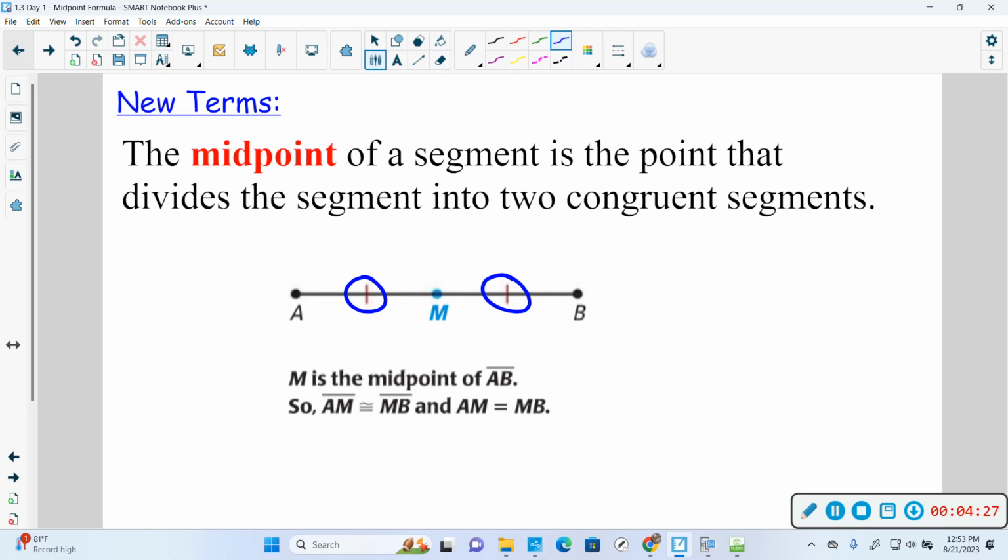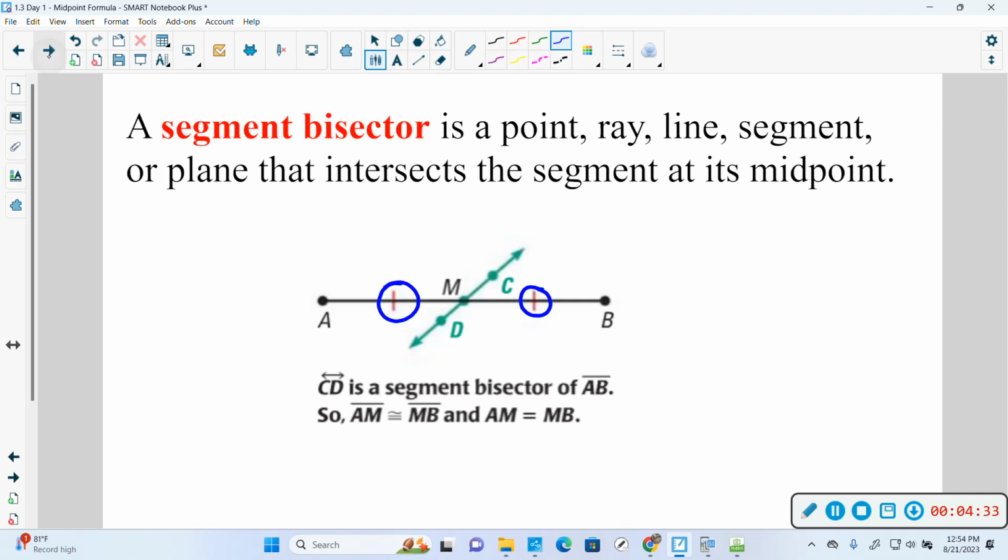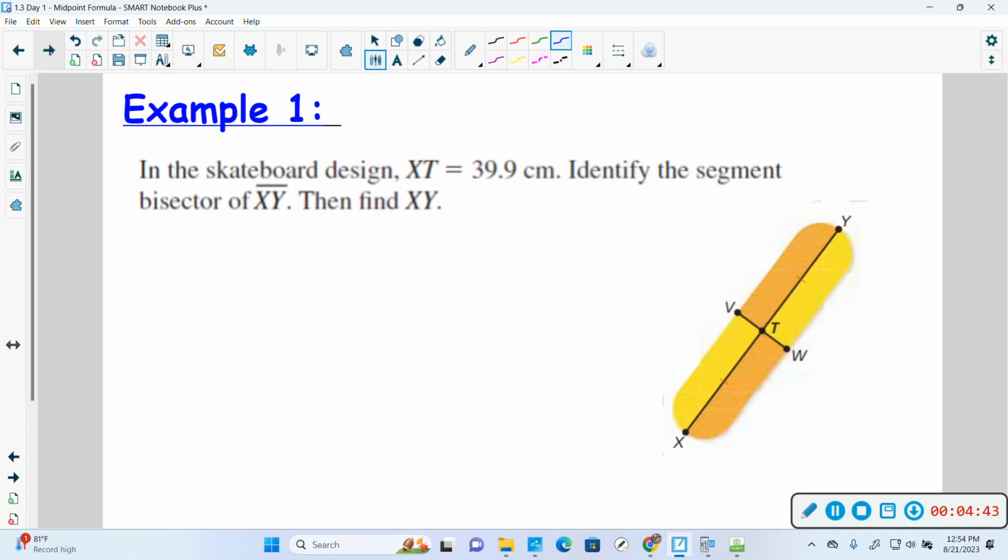Do they basically do the same thing? Yes. It's just a matter of if you just have the midpoint or if they get fancy, and here they used a line. What we care about is we're going to have the left side being equal to the right side. That's where we're going to start doing some math. Okay, the skateboard didn't copy very well on your notes.